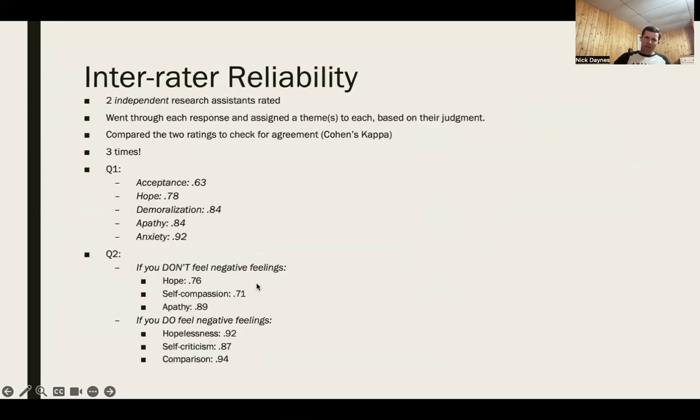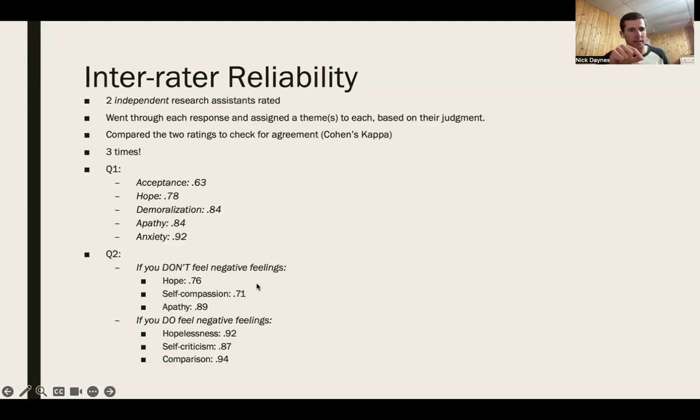And there's a statistical way to double check this, and this is called inter-rater reliability. And we didn't go over this in class this morning. We didn't have time. But it'll be important to mention now. What we did is we had 2 independent research assistants who rated the theme. So they're independent from the original team of 4 that did the work in the first place to analyze the qualitative data.